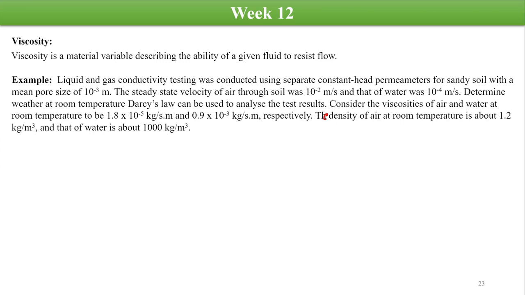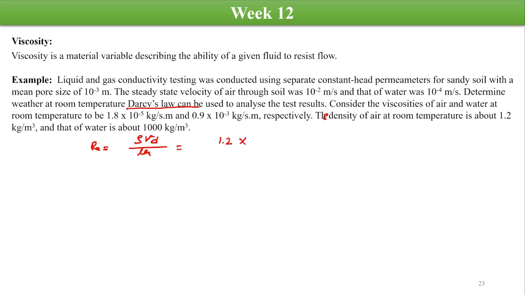Right. So, how do we determine whether Darcy's law is valid or not? One of the parameters that can define this is the Reynolds number. The Reynolds number is defined as rho V d upon mu, right? So the value of rho for air is given as 1.2 kilogram per meter cube.